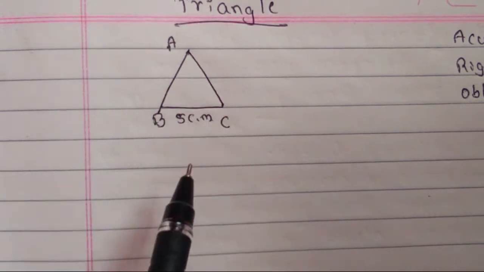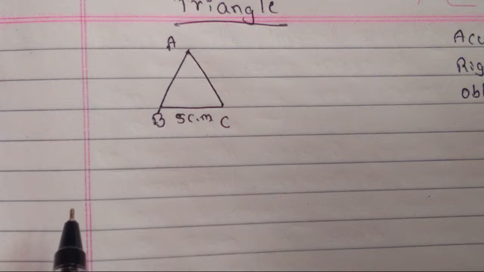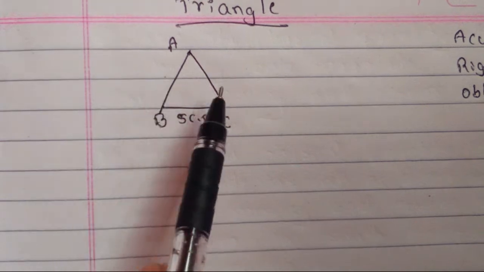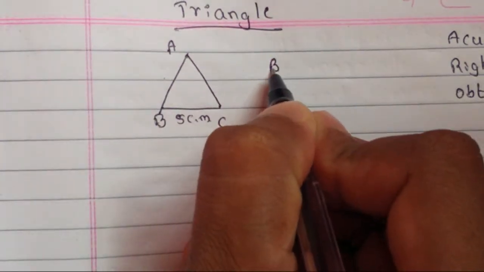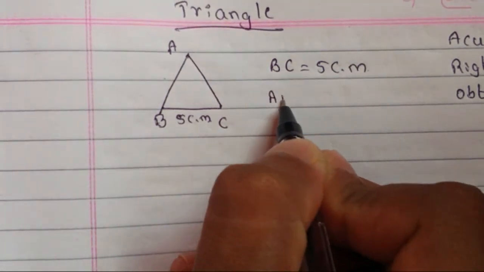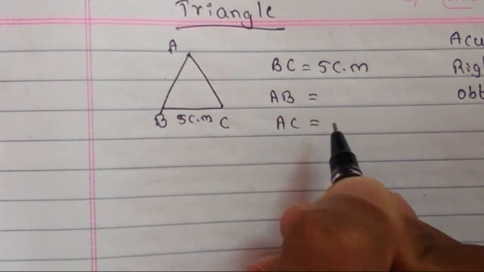AB and AC are unknown here, and I am telling you that the triangle ABC is an equilateral triangle. Now AB equals how much, and AC equals how much?